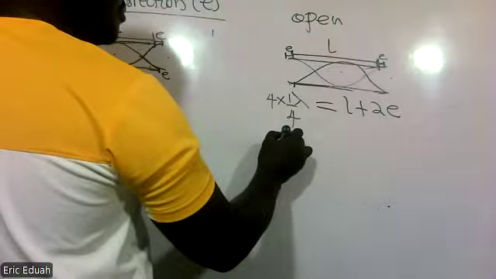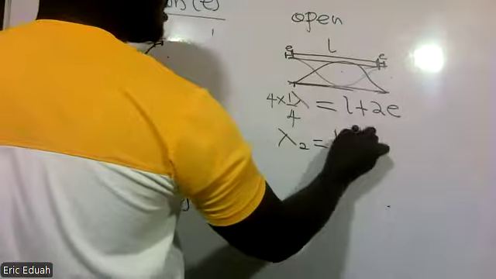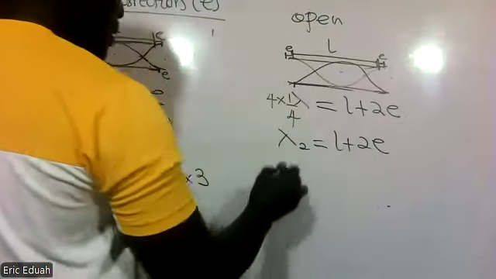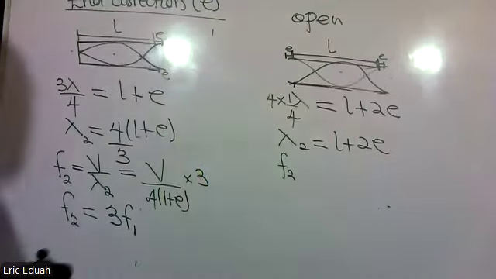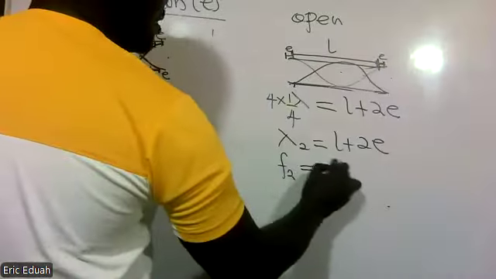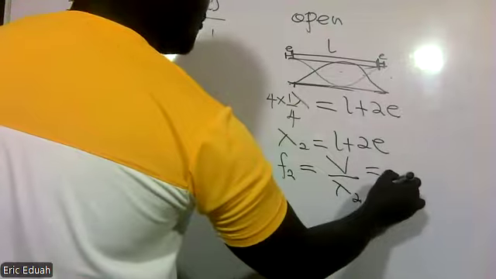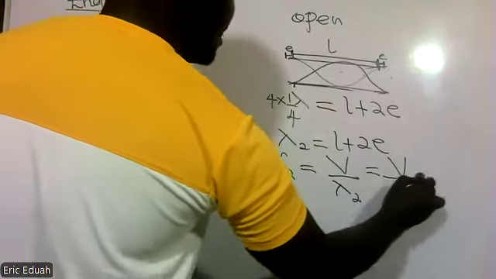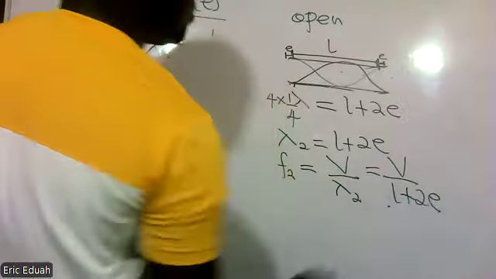Therefore, lambda 2 is equal to L plus 2E. F2 therefore is V on lambda 2, and we have V over L plus 2E.